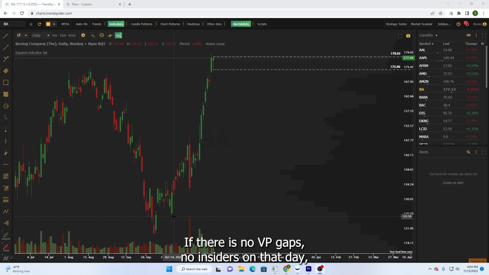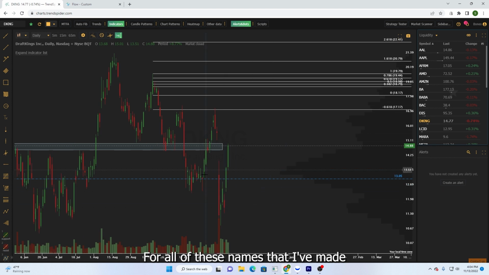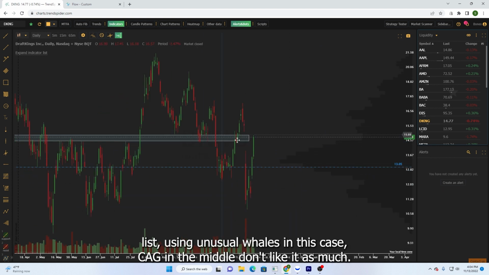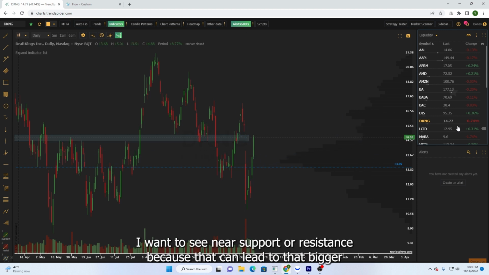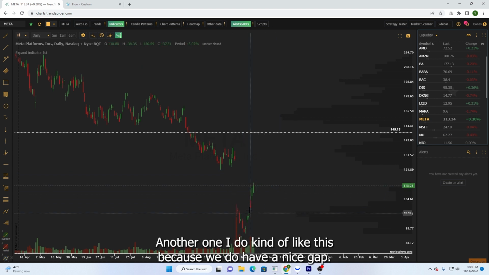If there are no VPA gaps, no inside days on that day, what I like to do is see how close we are to support or resistance on the daily for all of these names that I've made on this list using Unusual Whales. In this case, DKNG in the middle, I don't like it as much. I want to see near support or resistance because that can lead to that bigger move again. Meta, another one. I do kind of like this because we do have a nice gap.